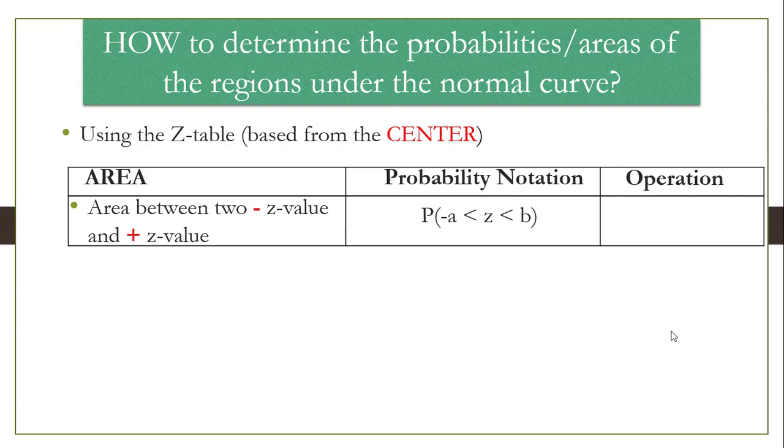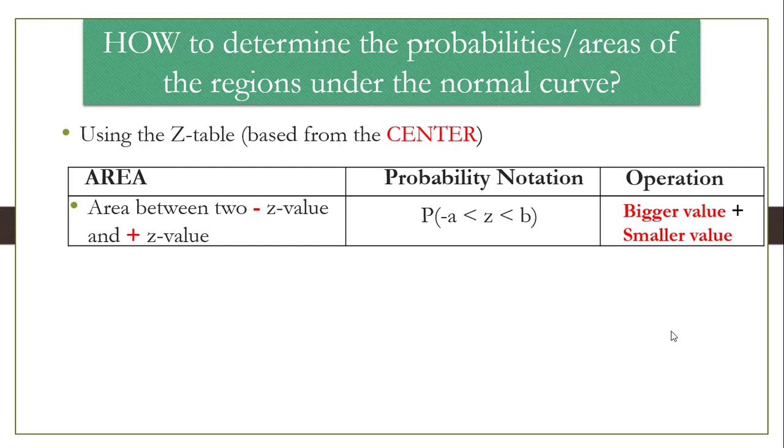This time, it has opposite signs, negative and positive. So it will be bigger value plus smaller value. In short, you add the corresponding areas between two z values.